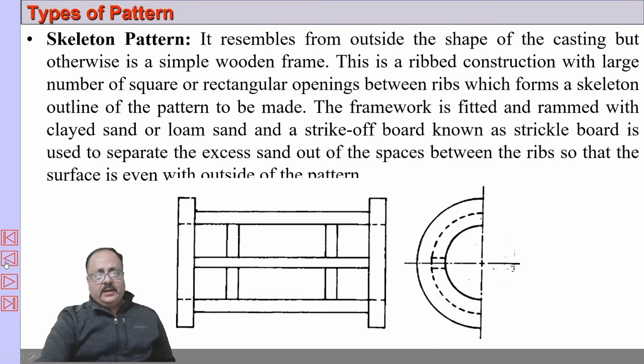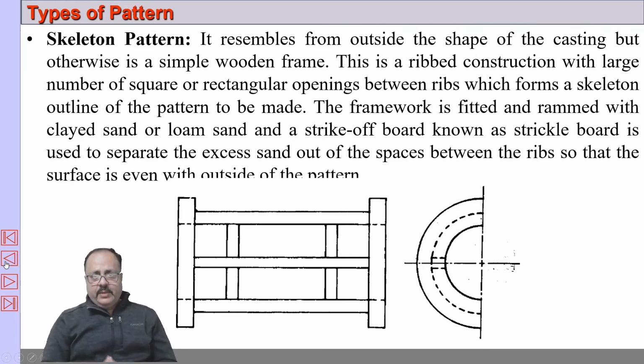Then we have skeleton pattern. As the name suggests, sometimes if the size of the casting is large and you make a pattern, even if it is a wooden pattern, it becomes very heavy and very difficult to handle. So what you do is make a skeleton of wood using wooden frames, and you pack it with loam sand. What is loam sand? Loam sand is sand which is mixed with clay.